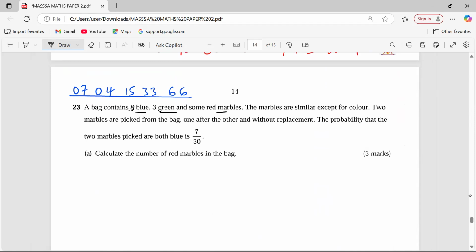Picking blue shall be 8 out of a certain total.